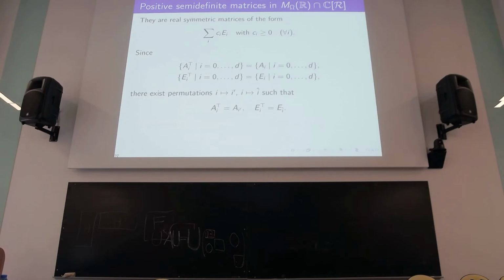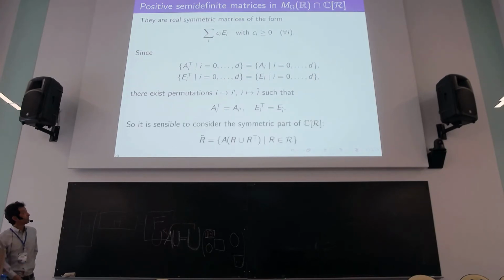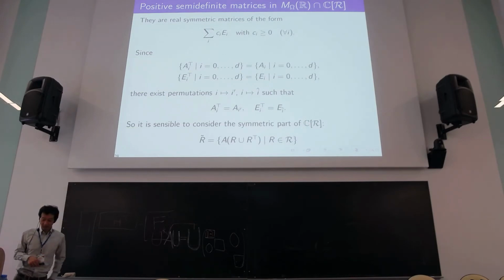If you are concerned with real symmetric matrices, you might want to group those together. In general, each adjacency matrix may not be symmetric, but you just consider the union of the relation with its transpose.